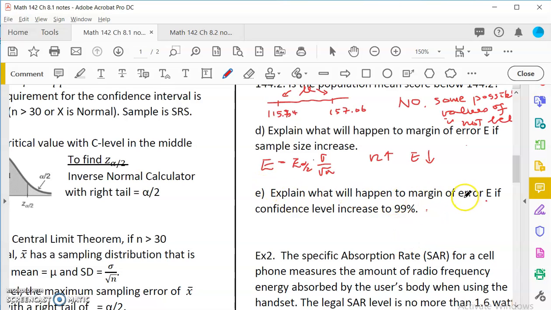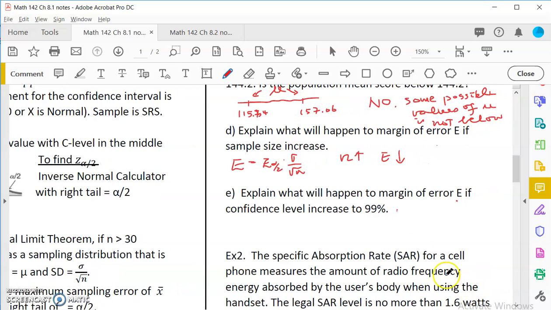Part E: explain what would happen to the margin of error if the confidence level is 99%. So draw a picture again. In the past, it was 98%, so you use this z here, and this is 98%. If you change it to 99%, where is the critical number?